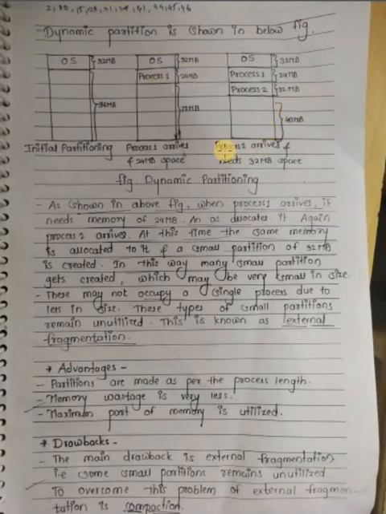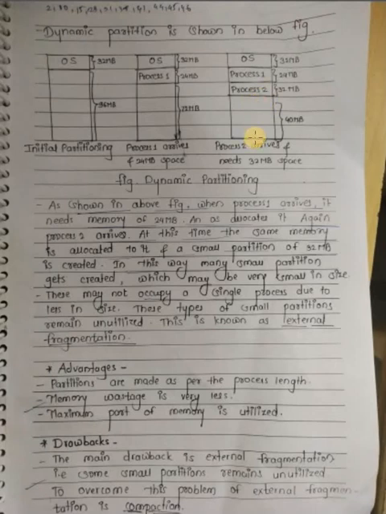Suppose another process, process 2, arrives and it needs 32 MB space. Then another 32 MB partition is created for the process 2 and the remaining 40 MB is added to the partition available list. So this is an available partition for the remaining processes.